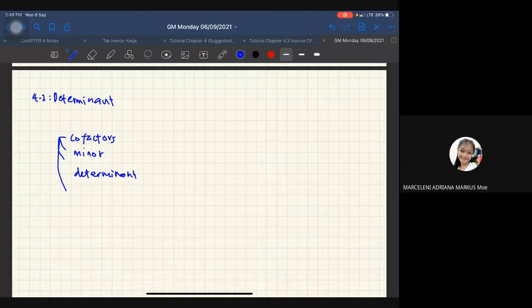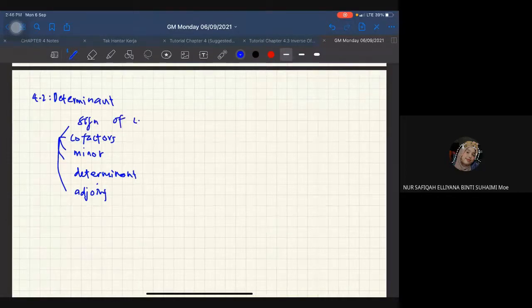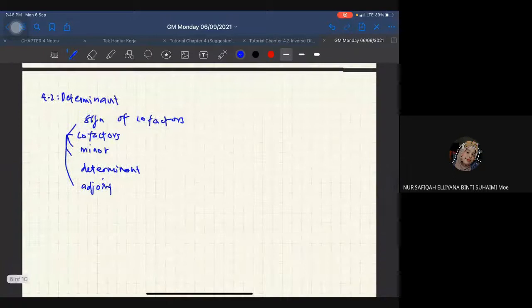Sign of cofactor. Adjoint yang tadi awak cakap. Cofactors. Sign of cofactor. Okay, so ini adalah antara yang awak dah belajar.